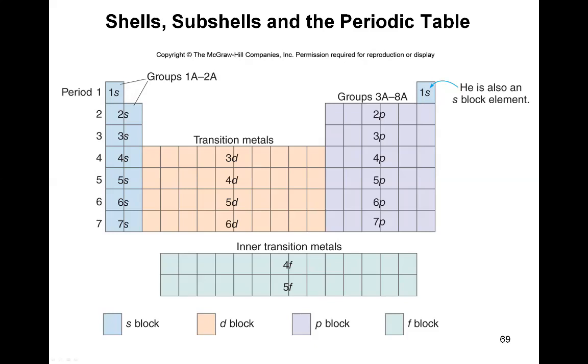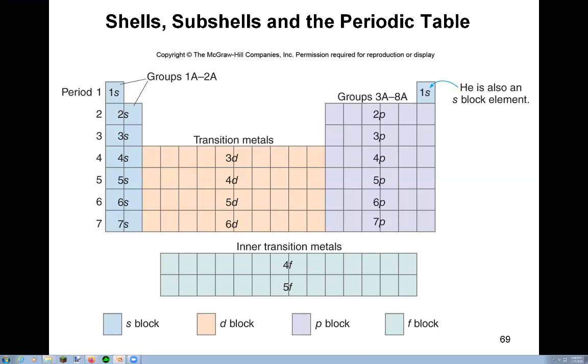So the s block here, represented in blue, has only 2 columns, because you can put 2 electrons in the s orbital, no more. Then the p block, represented in purple here, has 6 columns because you can put 6 electrons in each p subshell. The d block has 10 columns because you can put 10 electrons in the d subshell.